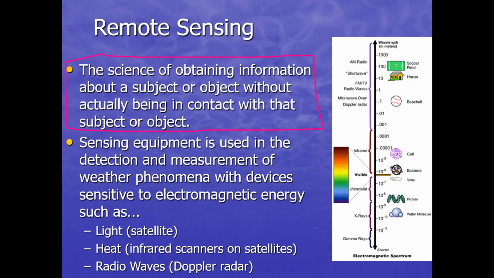Remote sensing is done along something known as the electromagnetic spectrum, which ranges from very small wavelength rays like gamma and X-rays. So you can see the units here in terms of meters, 10 to the minus 10th meter, so very, very small wavelengths. The wavelength is really just the distance in between these waves, so from crest to crest or from trough to trough.